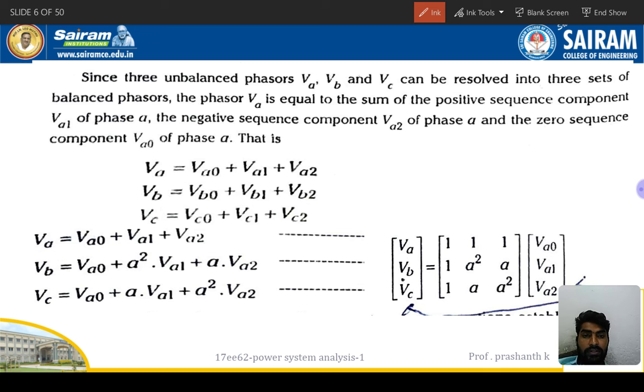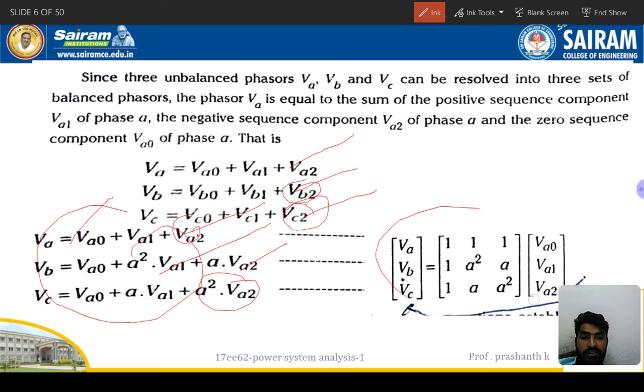The phasor VA is equal to the sum of the positive sequence component VA1 of phase A, the negative sequence component VA2 of phase A, and the zero sequence component VA0 of phase A, that is VA is equal to VA0 plus VA1 plus VA2. Multiplying by the a operator, and substituting the previous slide's values for VB and VC, we get this equation.